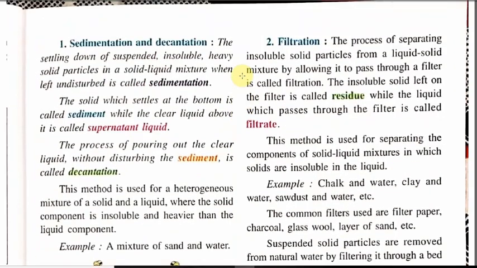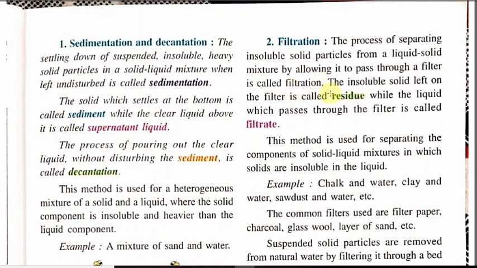The second method is filtration. We all know about filtration. You also know about filtration. We daily use filtration at home while preparing tea. The process of separating insoluble solid particles from a solid-liquid mixture by allowing it to pass through a filter is called filtration. Remember, you filter the tea.